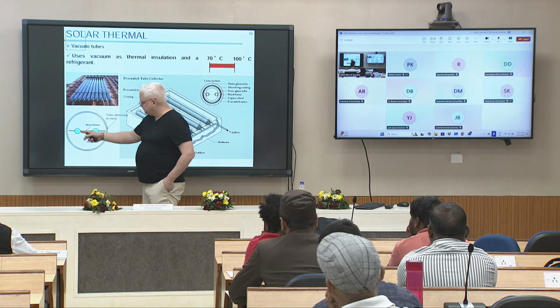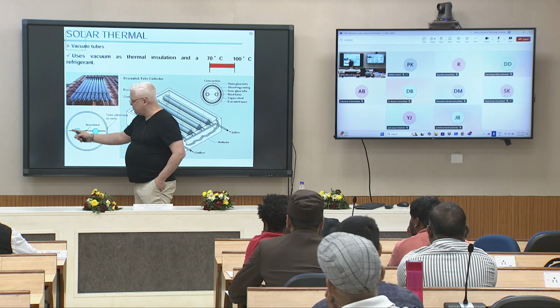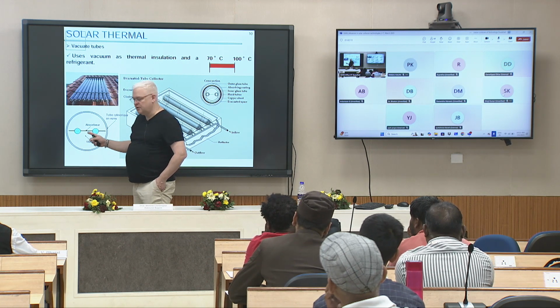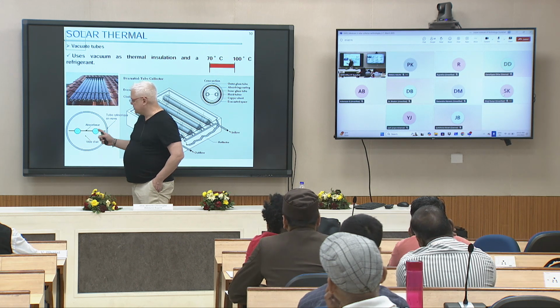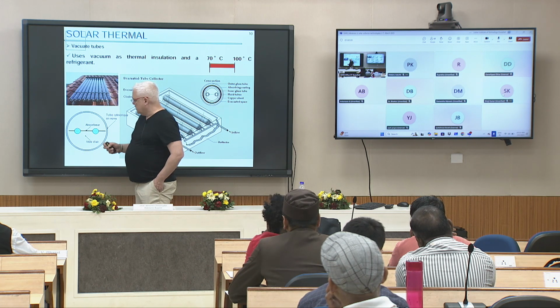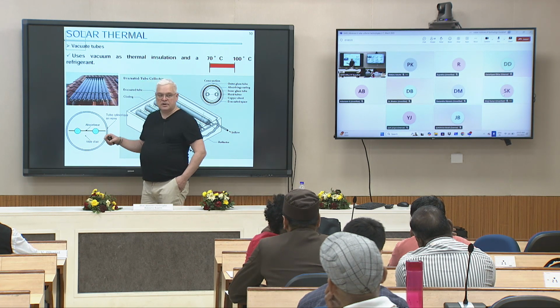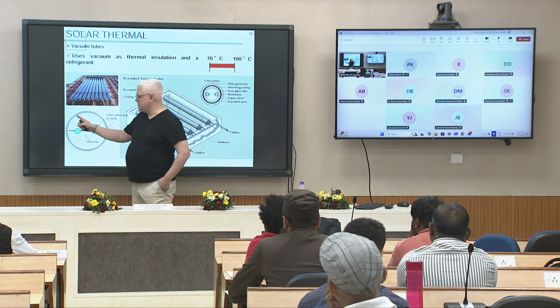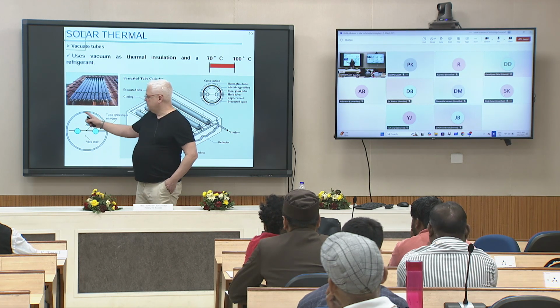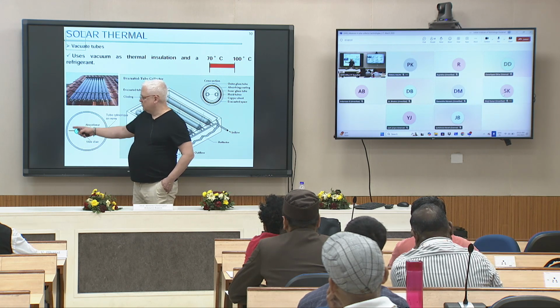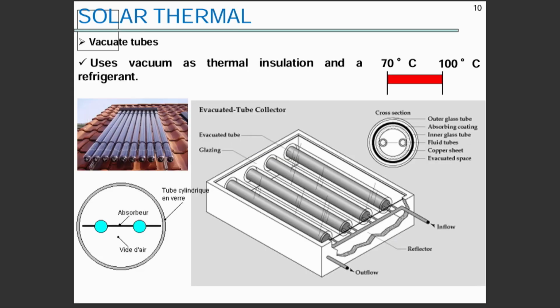Some are the more developed, like this, with the absorber in the middle, okay, and the fluid circulation related to this absorber. You also have very simple evacuated tubes where the absorber is a thin black film, which is covering the inner surface of the internal tube.